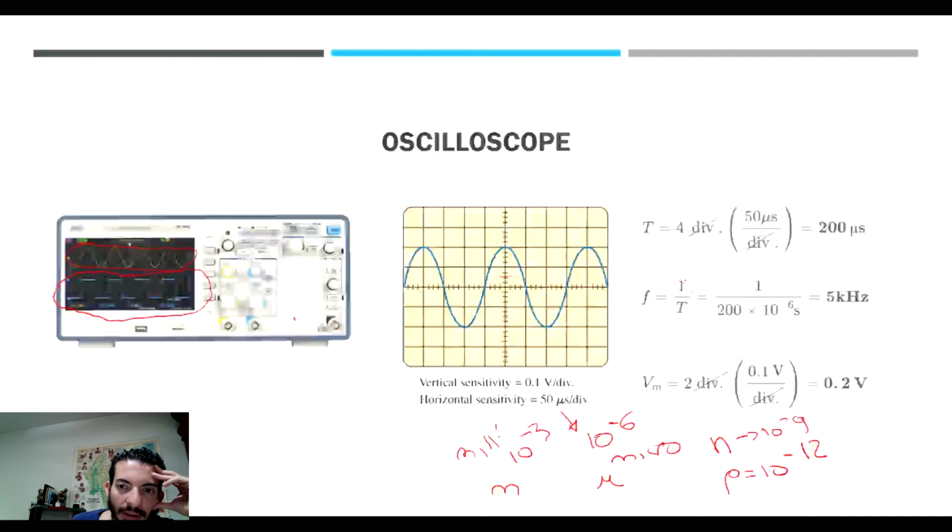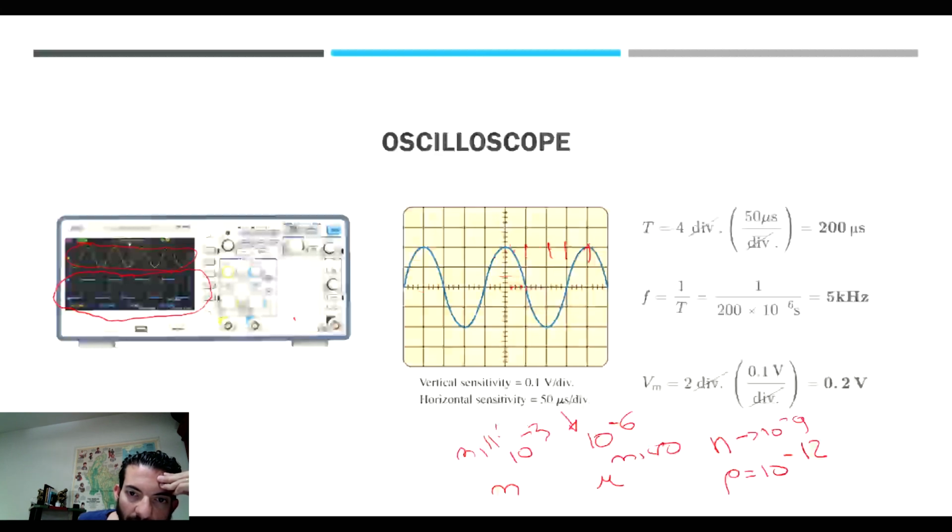If a period is 4 divisions, then each division is 50 microseconds per division. The period goes from the initial point to the final point. So we have the initial point, then 1 division, 2, 3, 4 divisions. So this is a whole cycle.